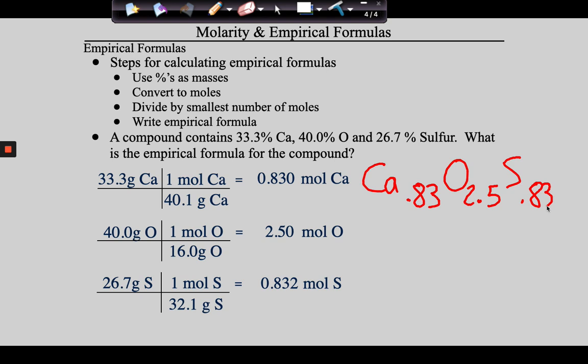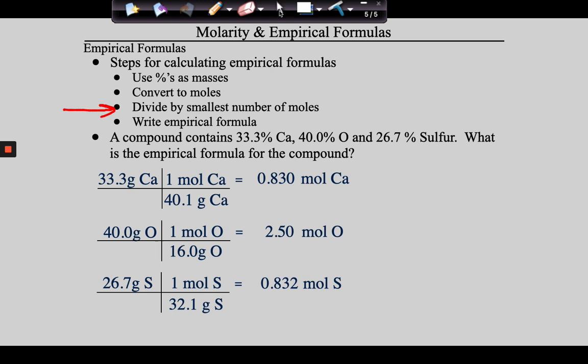So what we need to do is turn these into whole numbers. Guys, in order to turn these into whole numbers, that would be step number 3. Divide by the smallest number of moles. So guys, top, middle, or bottom, which of these numbers is smallest? Top. So divide by it in all 3. So now let's take a look at this.